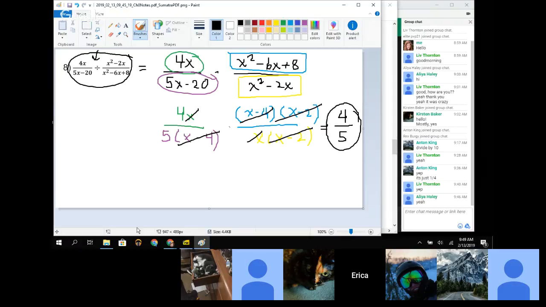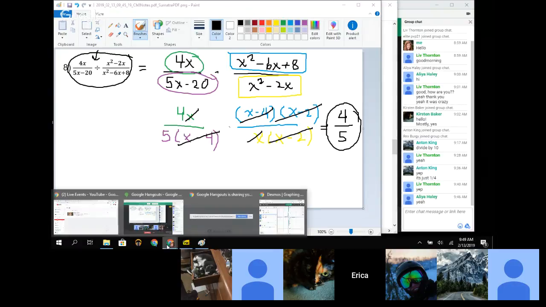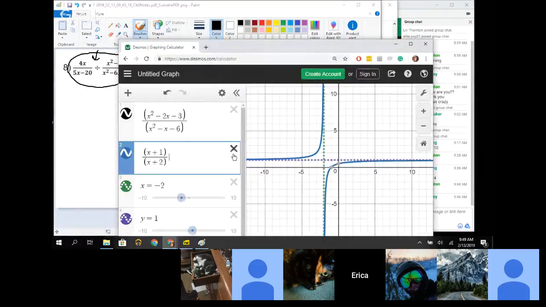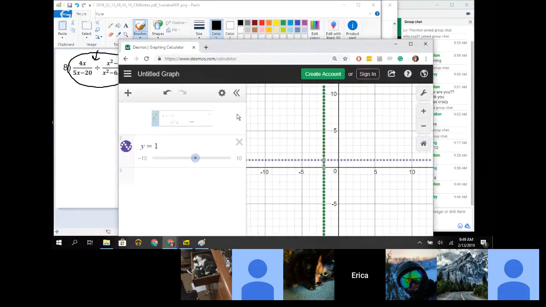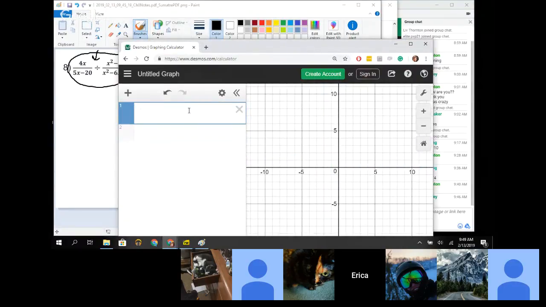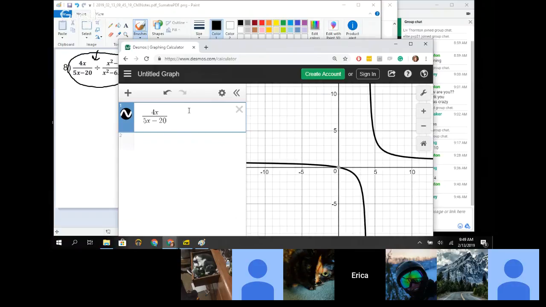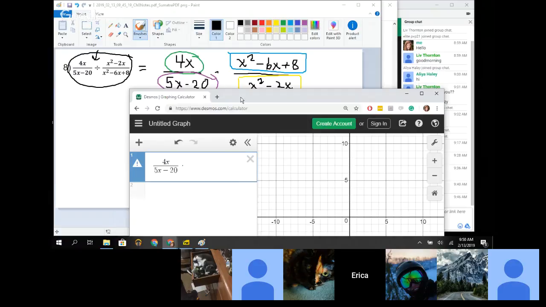So if you would have typed that in Desmos, I think it would have just given you 4/5. Let's see. We have 4x divided by 5x minus 20. I don't even know if I can do divided. Yeah, I'm just going to go ahead and multiply just to make sure that we get it in there right.